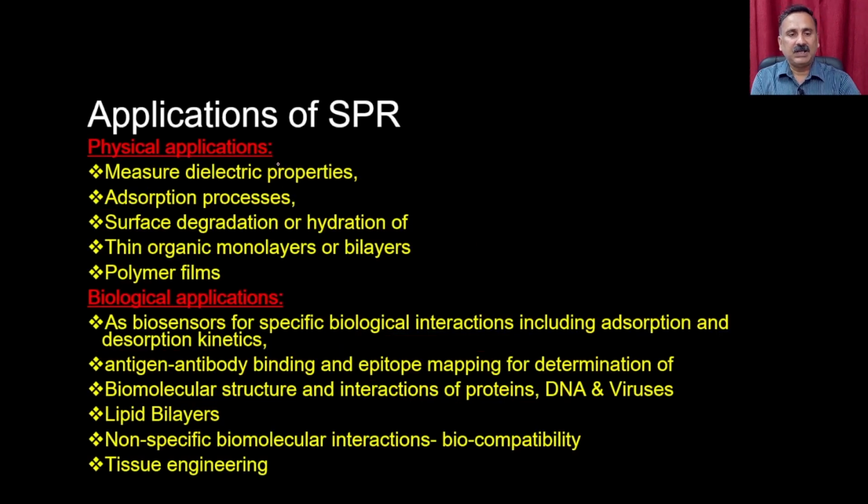Now, what are the applications of SPR? You can measure the dielectric properties. Remember that I said you are going to have the surface plasmon because of the dielectric constant of the water, right? So it is going to be on the positive side.